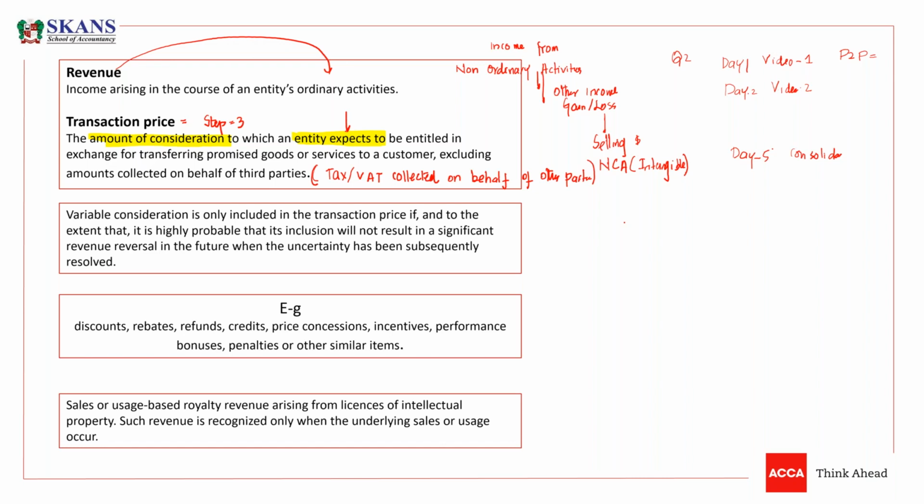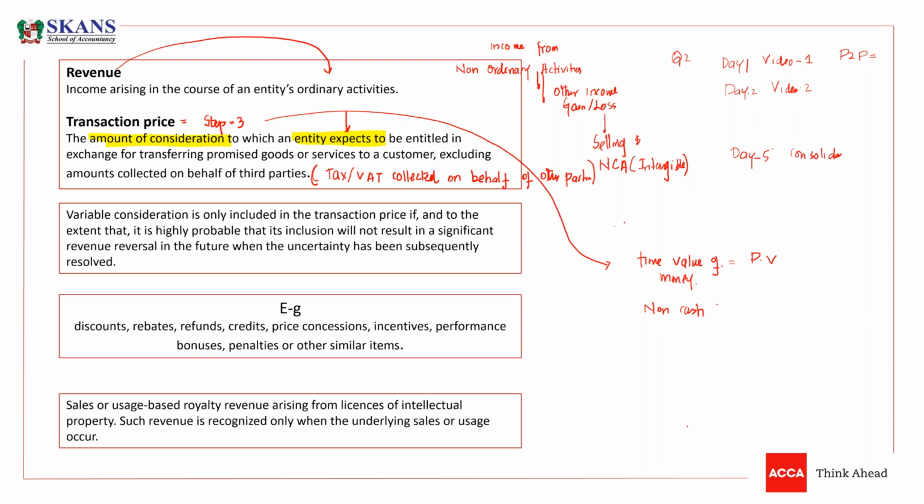So we need to make 4 adjustments in transaction price, guys. At step 3, the first adjustment is time value of money. If time value of money is significant, it means you are selling goods now and you will receive in future, so you need to take present value. This has already been covered in the previous practice to pass session. Then the second thing is non-cash consideration, which means barter transactions.